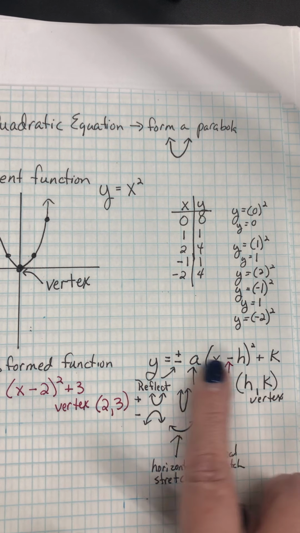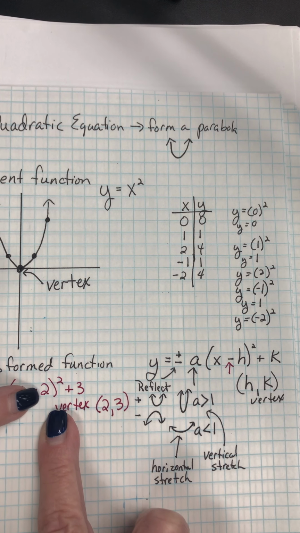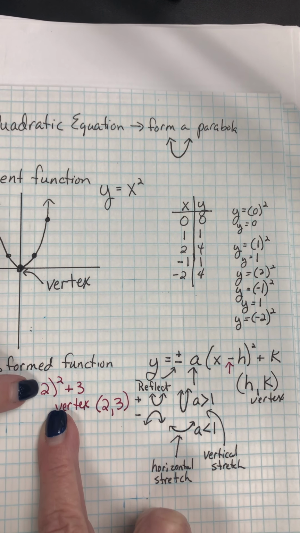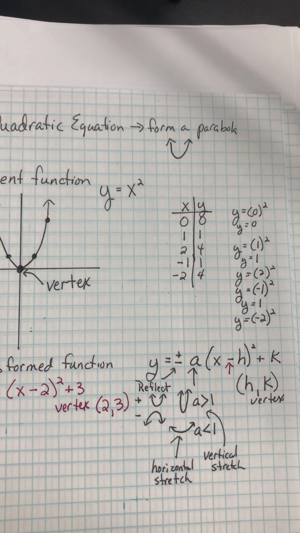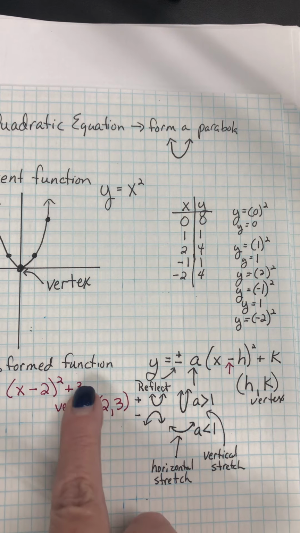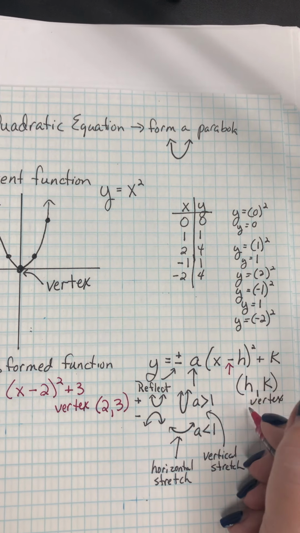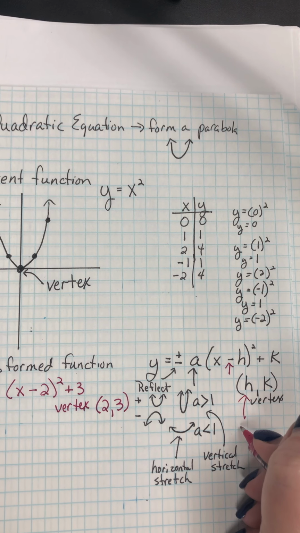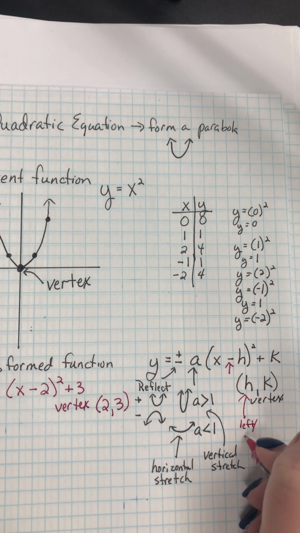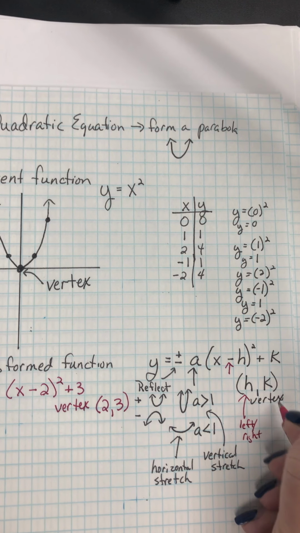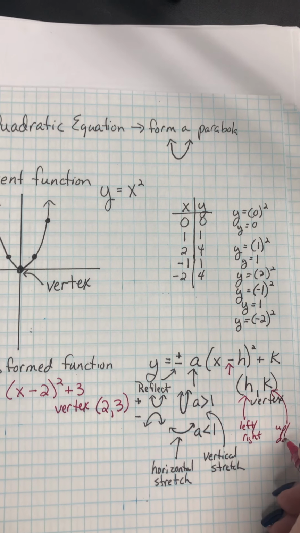Because the minus is in the formula, my h is not -2, my h is actually +2. So in general, think inside is opposite, outside is the same. Also, the h moves my shape left and right, and my k moves it up or down.